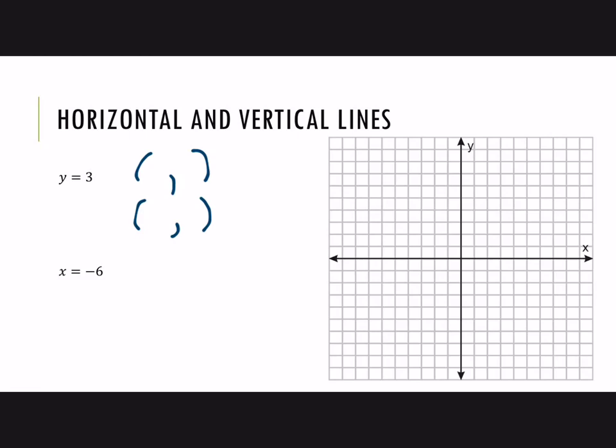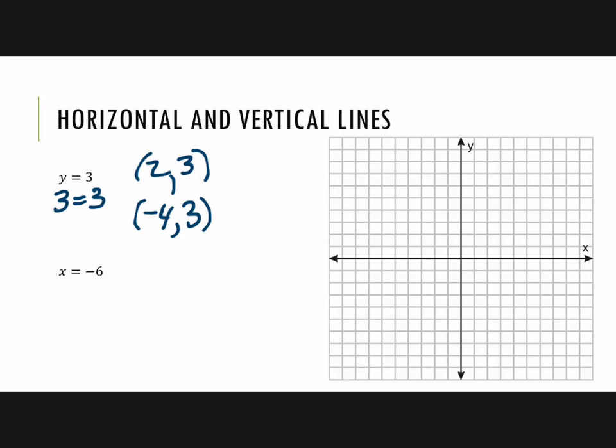Now there's no x to even substitute in for, so that means I can pick whatever I want for x. It doesn't really matter. However, the only thing I can substitute in for y to make this a true equation is a 3. So whatever point you choose, the coordinate for y has to match what you see in that equation, and then you can pick something for x. So let's do a 2 and a negative 4.